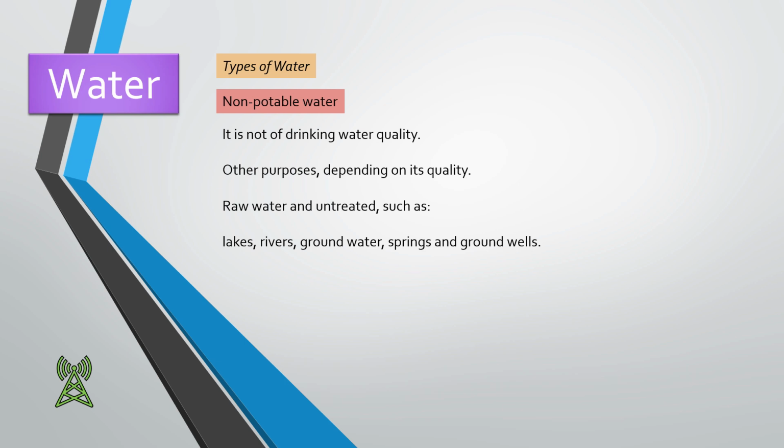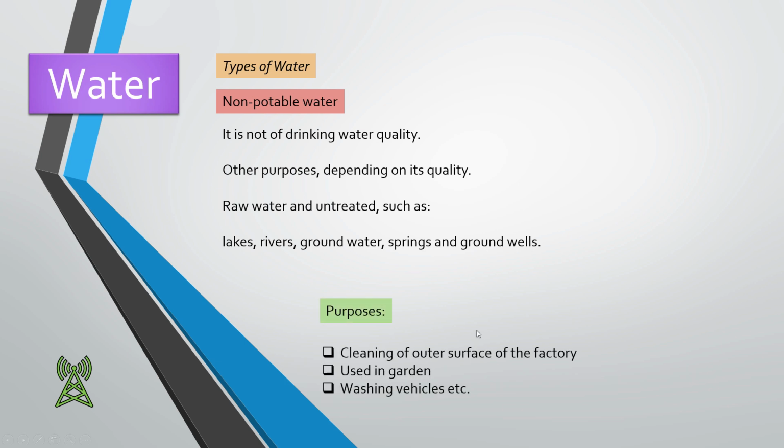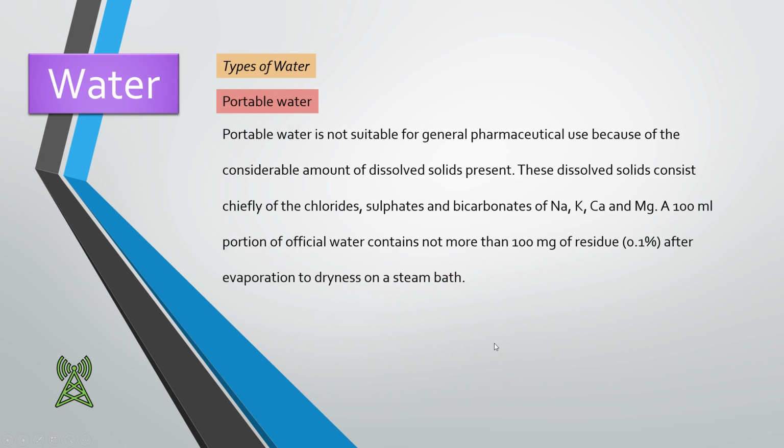This kind of water is called non-potable water. So the purpose is to clean the outer surface; we are talking about sterile manufacturing, so we can say that it is used for cleaning the outer surface of the factory or the production facility. We do not use untreated water inside, and it is used in gardens, washing of vehicles and the outside area of the factory.